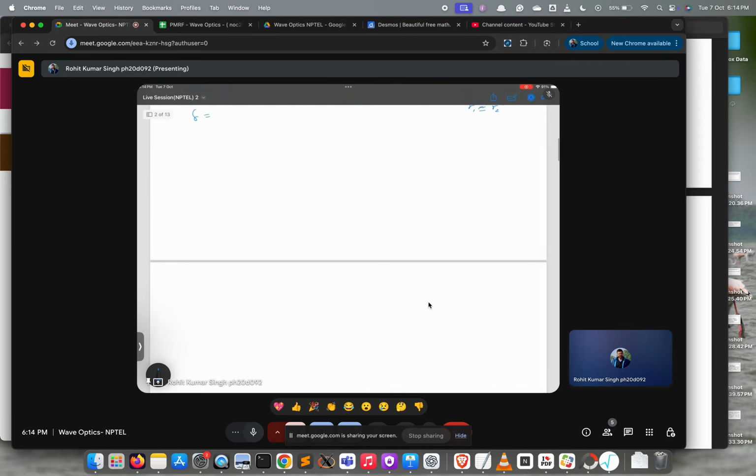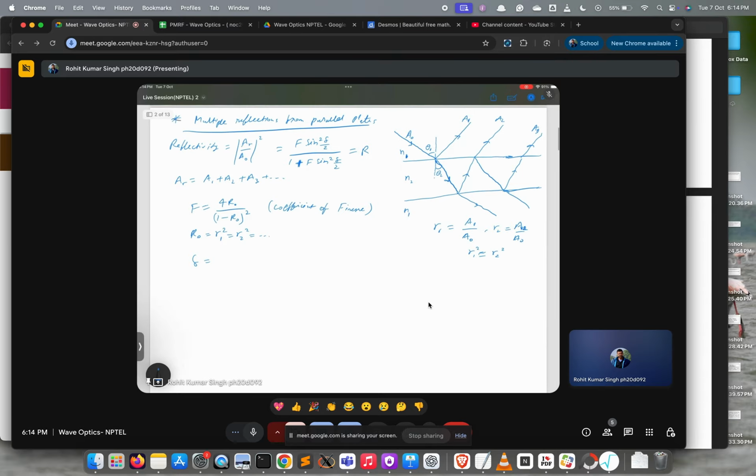The phase difference between two reflected lights, like A1 and A2, and then A2 and A3. All of them will have the same phase difference, right?